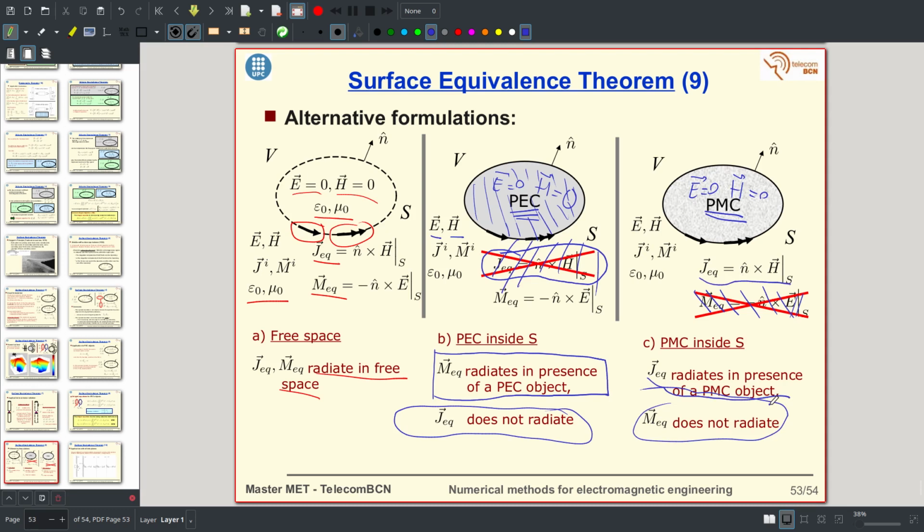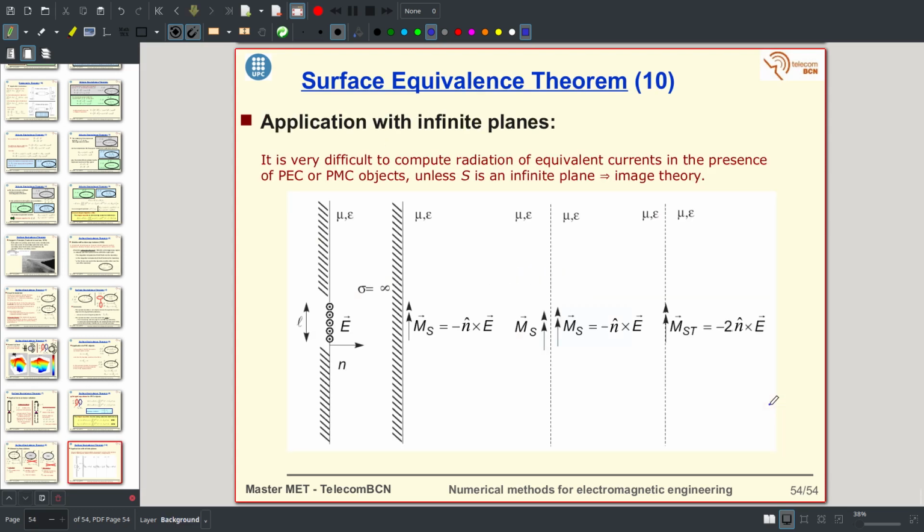In general, these alternative formulations B and C are not very useful unless surface S is an infinite plane. If surface S is an infinite plane, we can apply image theory. For example, from your antenna theory courses, when you compute the radiation of an aperture at a ground plane, initially you have equivalent currents, electric and magnetic.